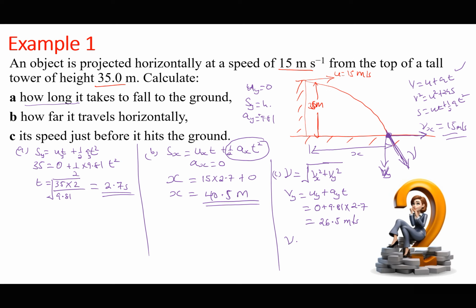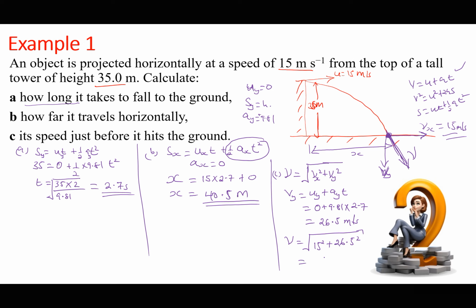So the resultant velocity is going to be the square root of Vx, which is 15 squared, plus Vy, which is 26.5 squared. So I'll just say 15 squared plus 26.5 squared, root of the answer.